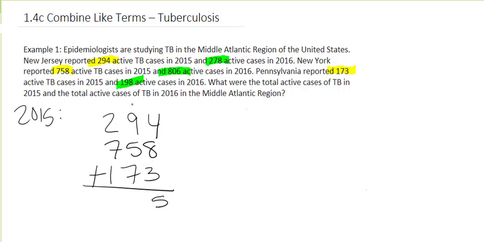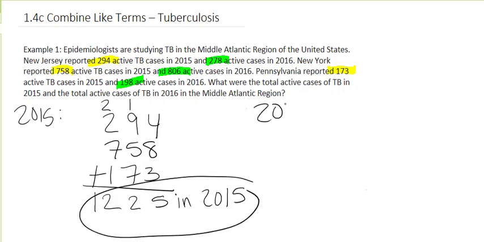Put the 5 below, carry the 1. 1 plus 9 is 10, plus 5, 15, plus 7, 22. So put the 2 below, carry the 2. 2 plus 2 is 4, plus 7 is 11, plus 1 is 12. So we have 1,225 active cases in 2015.